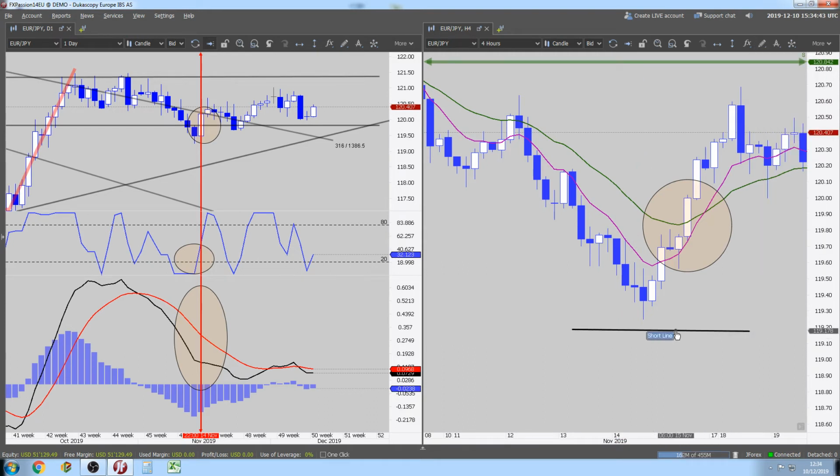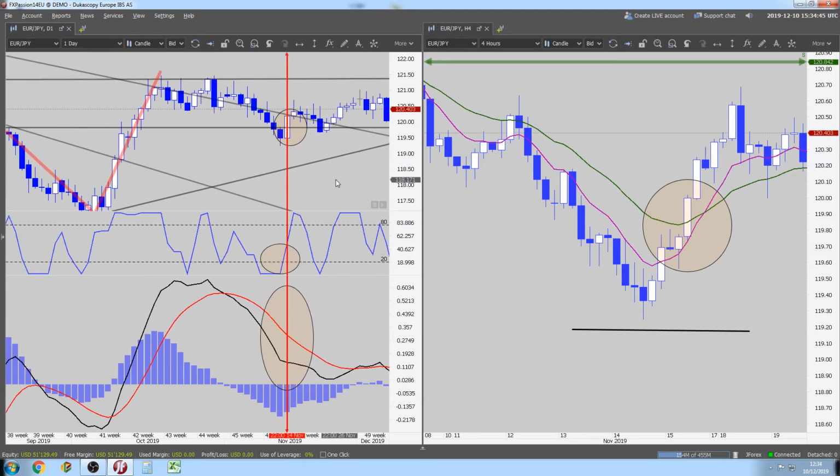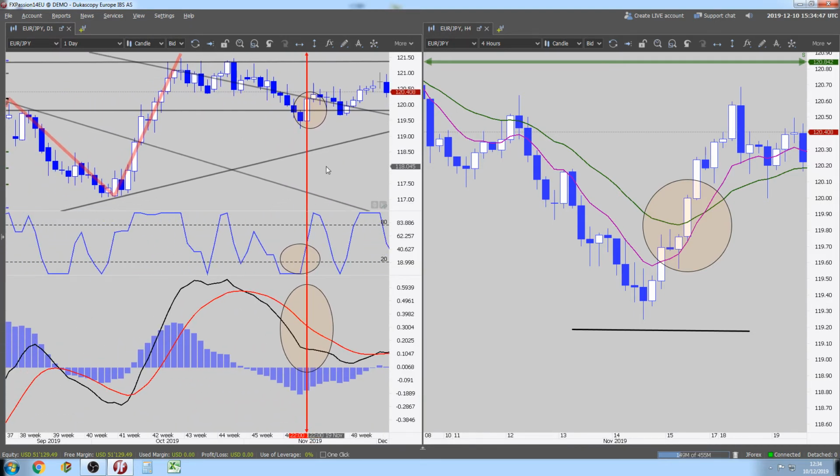I want to see on the daily chart, of course, together with the direction and the Fibonacci, I want to see a crown, I want to see stochastic, I want to see MACD, and I want to see the candlestick formations. So I have 3 out of 4 on the daily chart, but most important, I'm going to enter on the 4-hour chart with the EMA cross.